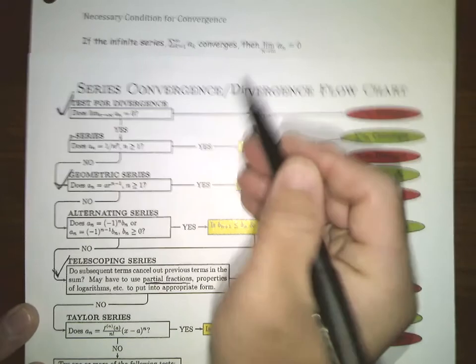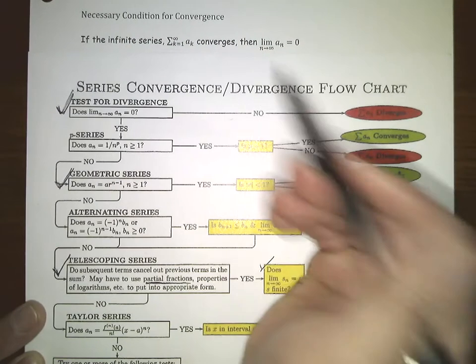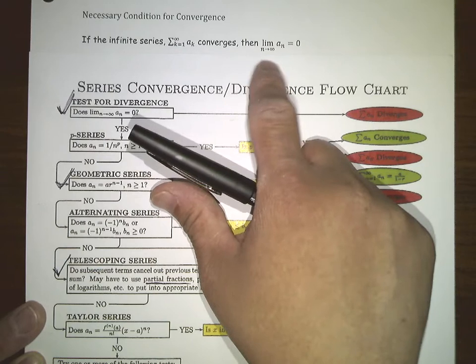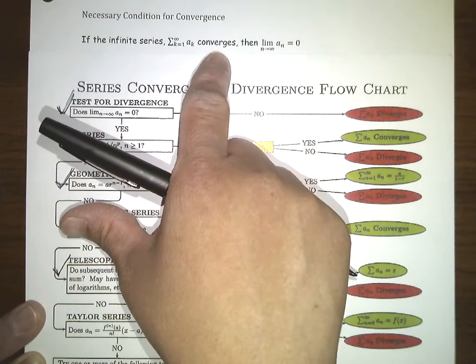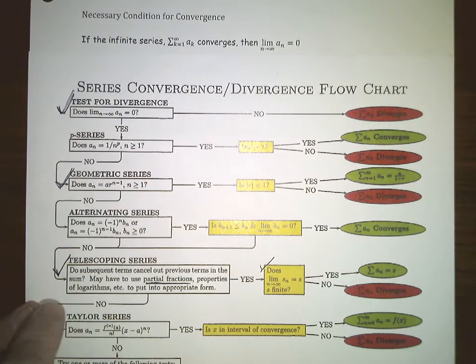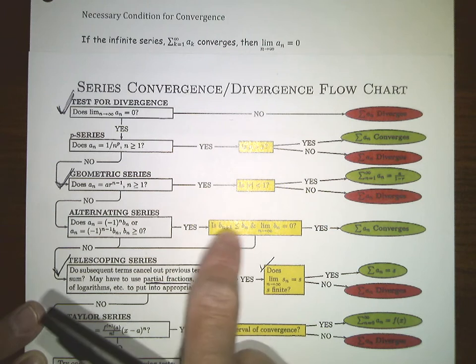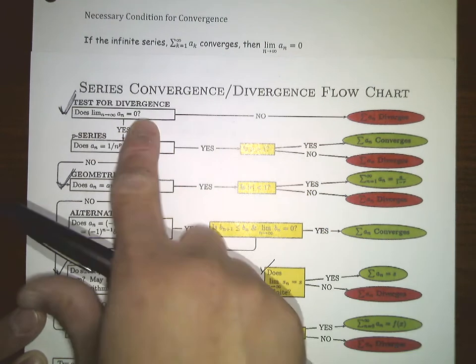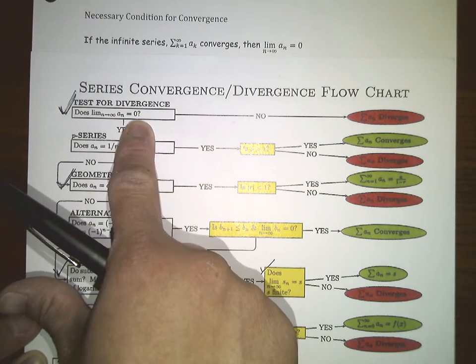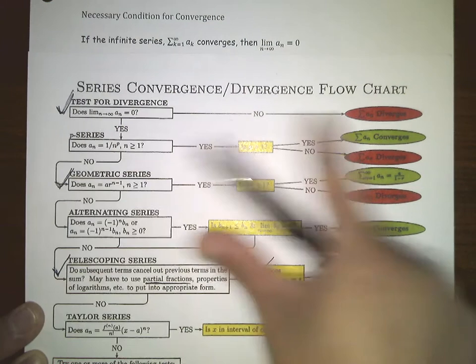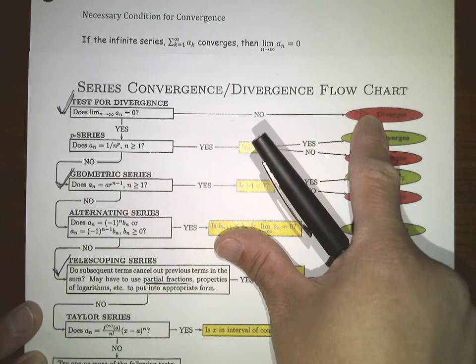But the necessary convergence property was, essentially, if the series converges, then that limit is equal to 0. So if the limit is not 0, then you automatically know that it diverges.